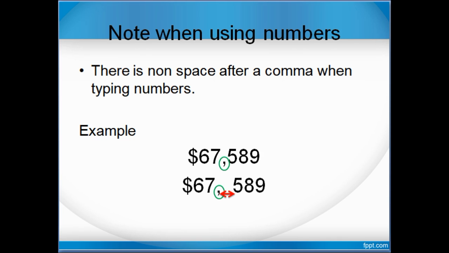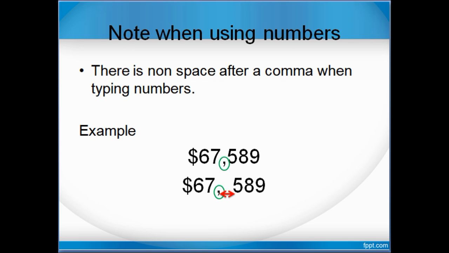Look at the bottom part there. Can you see that there's a space after the comma? How does that look? It looks like there are two different sets of numbers. So once it's a big number, we have to separate it using a comma every three digits.